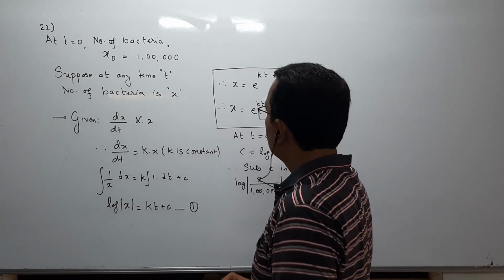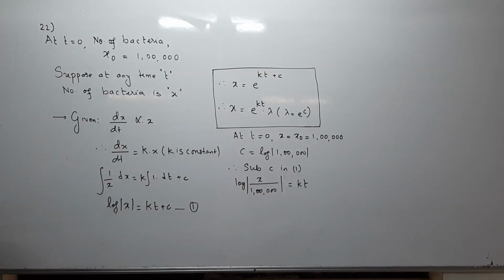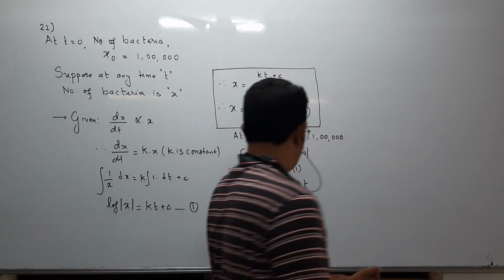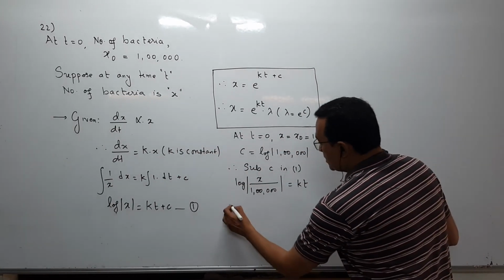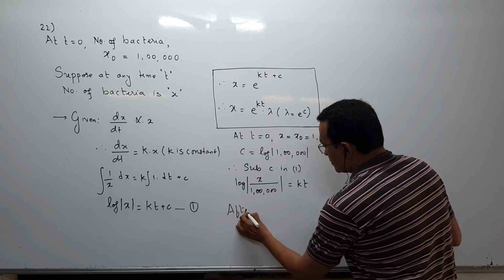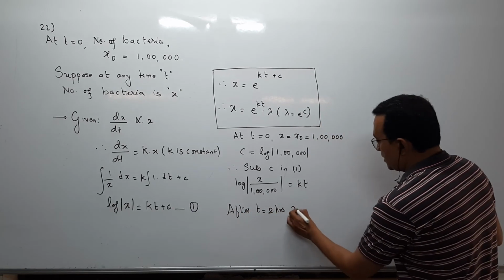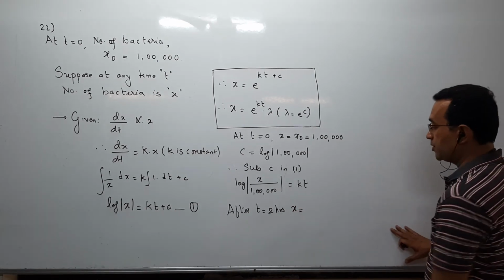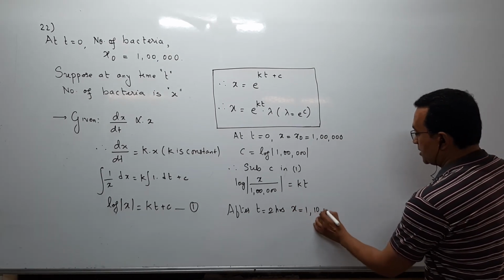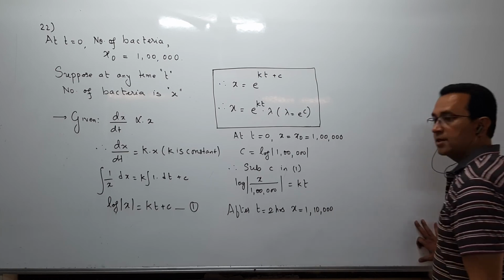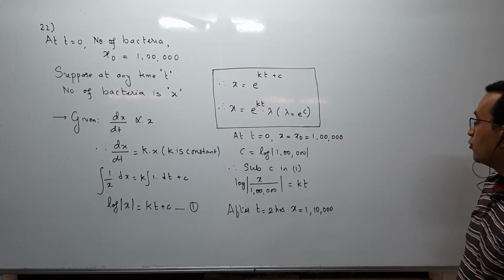Now students, what we have to do: the number increases by 10% in 2 hours. Okay, so after t is equal to 2 hours, the number of bacteria increases by 10%. So it will be 1,10,000. It increases by 10% of the original.